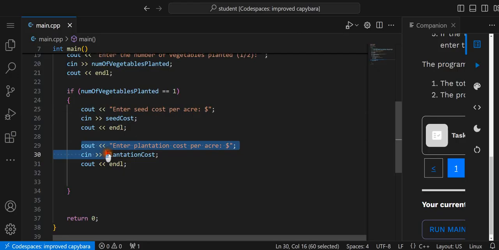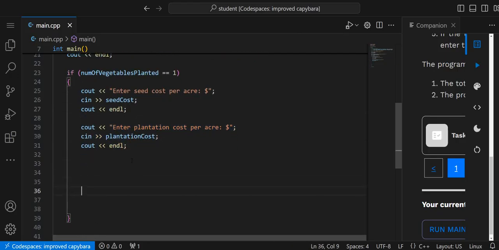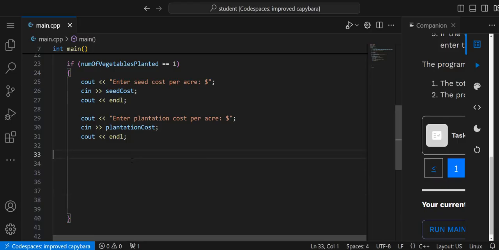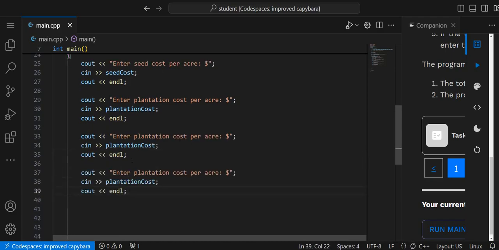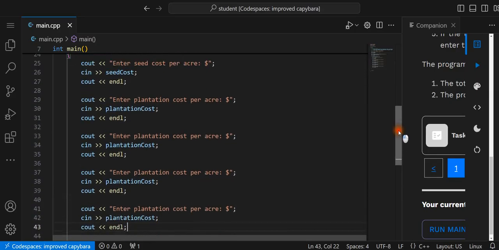All right, let's do some more copy and paste. A few of these, quite a few. All right, so plantation costs, seed costs are up to plantation costs. Let's enter fertilizing costs.